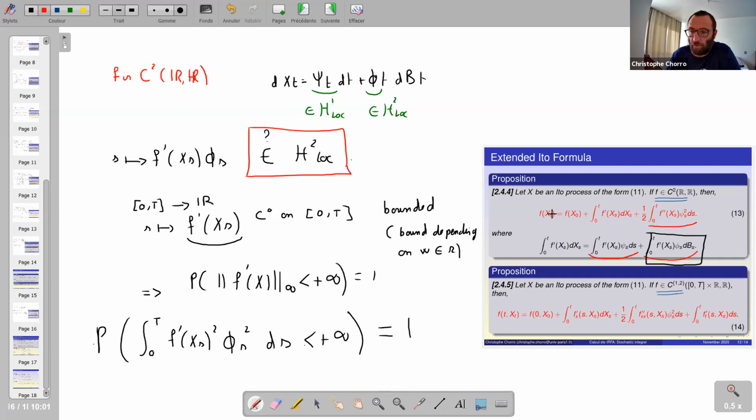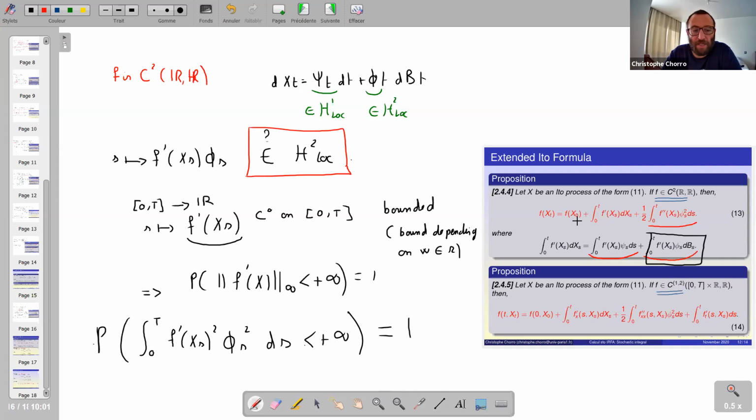So in other words, this proposition tells you that if you take a regular mapping of a generalized Ito process, you obtain a generalized Ito process. And I have, of course, the same definition in the case where f is time dependent.